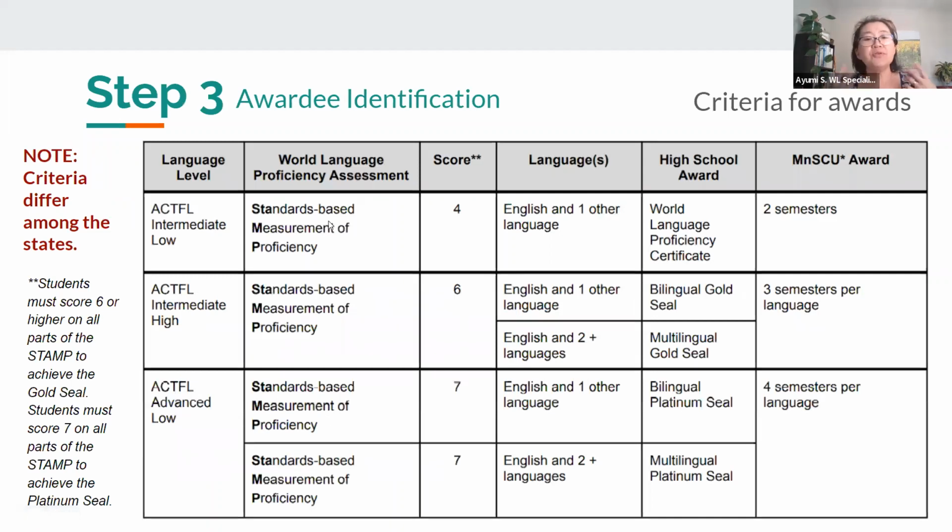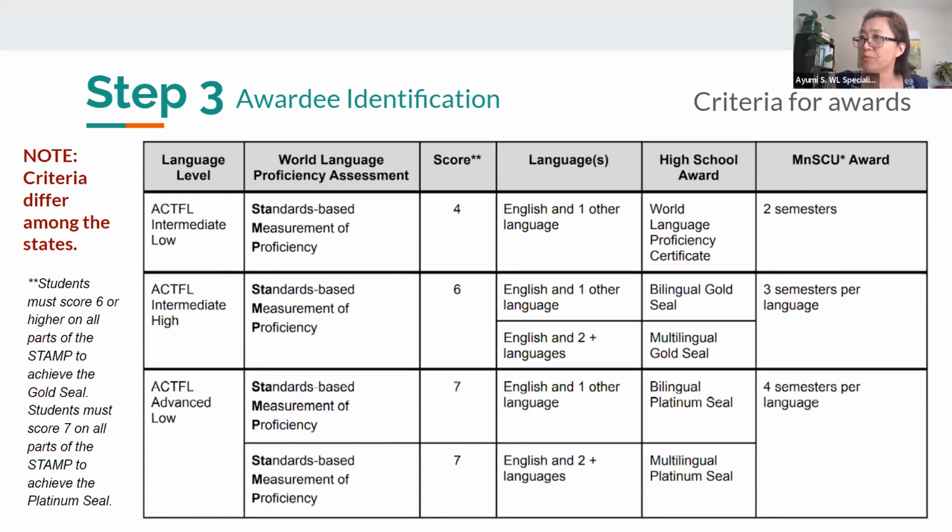And then once you do the assessment, you get the results from different testing companies. This is an example from the Avant STAMP test. I believe this is a White-Zadard research chart, correct? It outlines which score is equivalent to ACTFL's level and what the award would be.